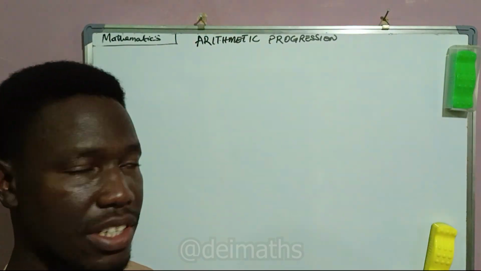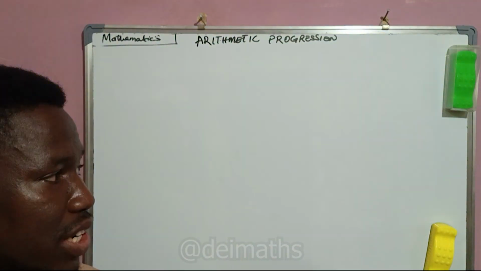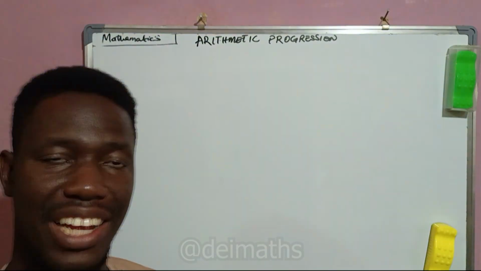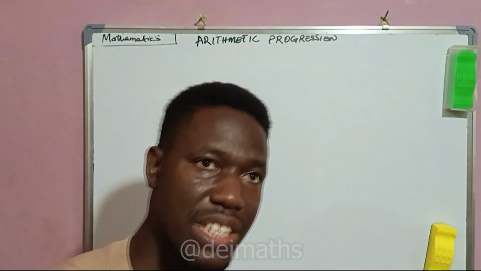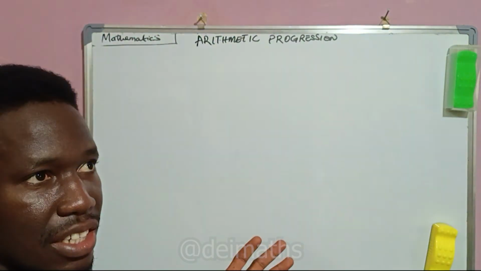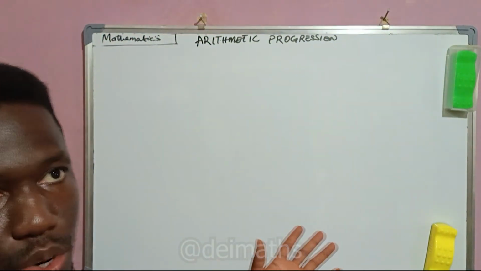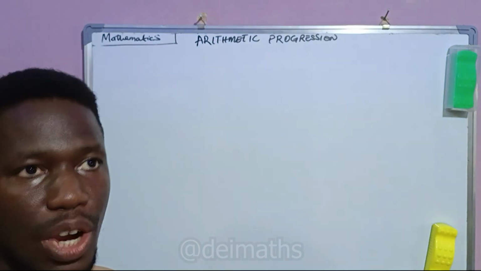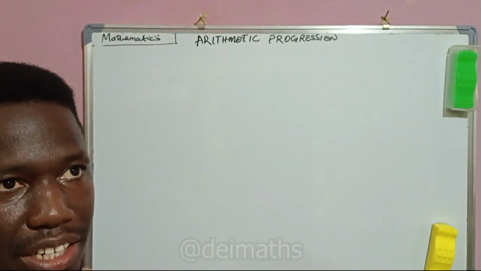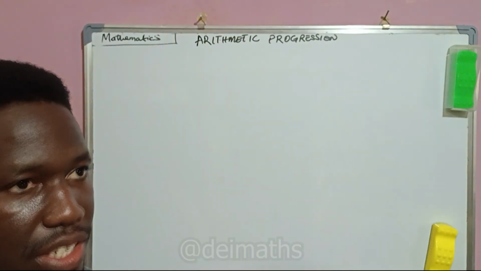Today we'll be treating arithmetic progression. Arithmetic progression is just like a sequence. A sequence is when numbers are arranged consecutively, and each one is gotten from the previous one by a constant number which is added to each of them.